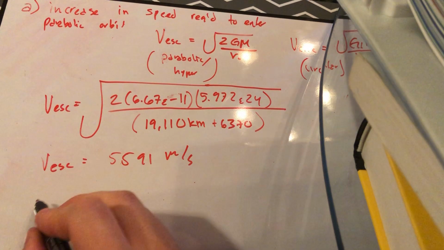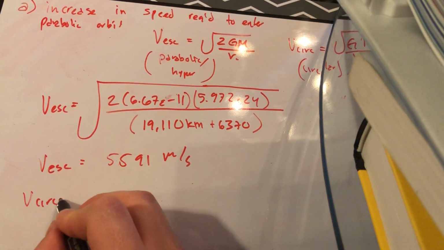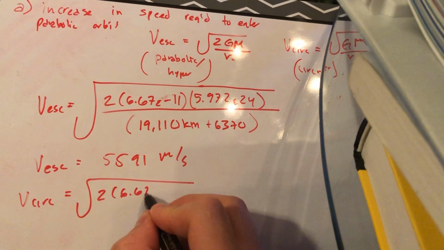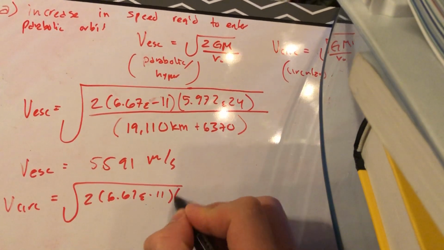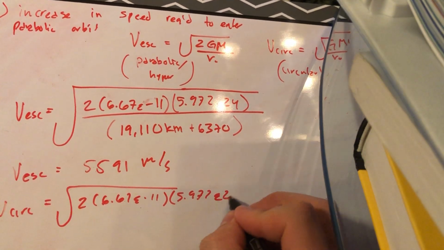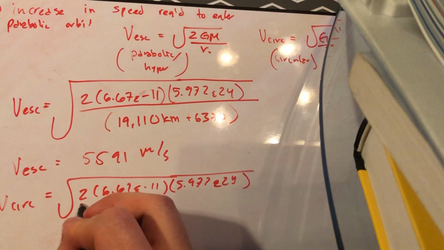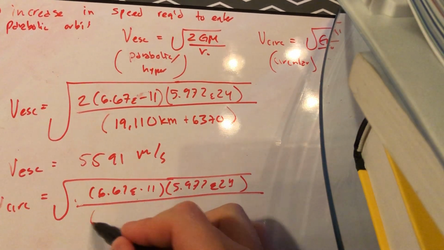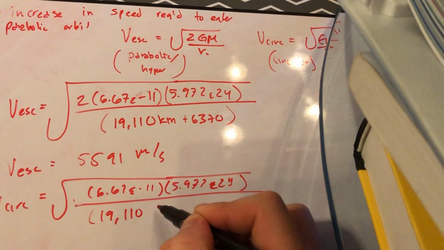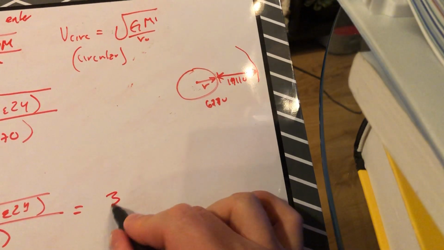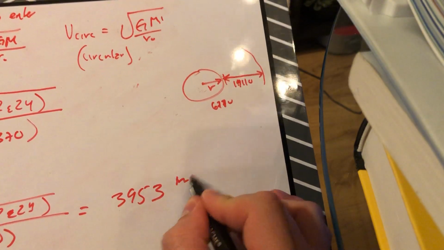But we need to figure out what it is for V circular. That is going to be equal to the square root of 6.67e-11 times 5.972e24 over the same radius, and that gives us 3953 meters per second.